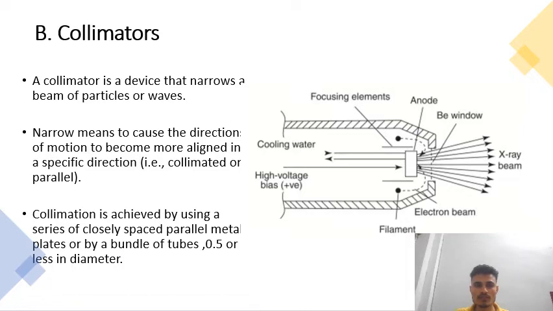Collimation is achieved by using a series of closely spaced parallel metal plates or a bundle of tubes whose length is large relative to the diameter. So we can say that collimators are used for focusing the X-ray beam in a particular direction.